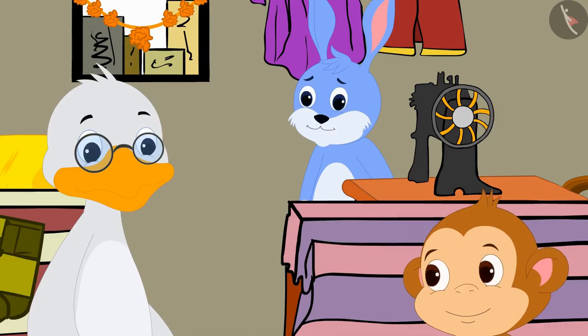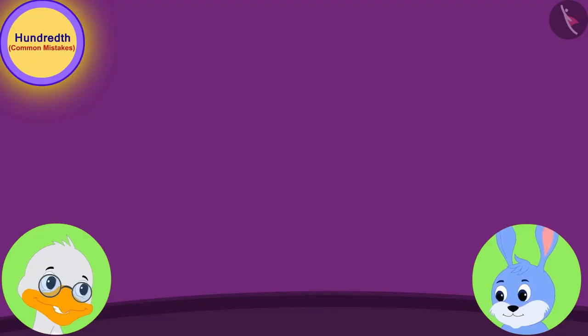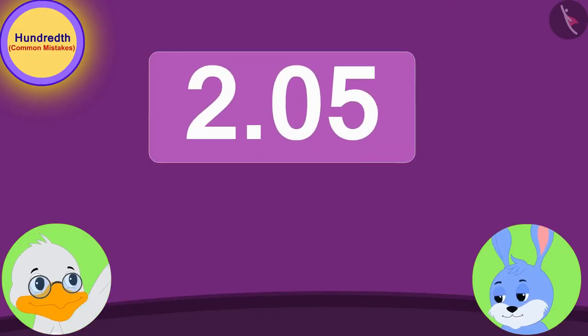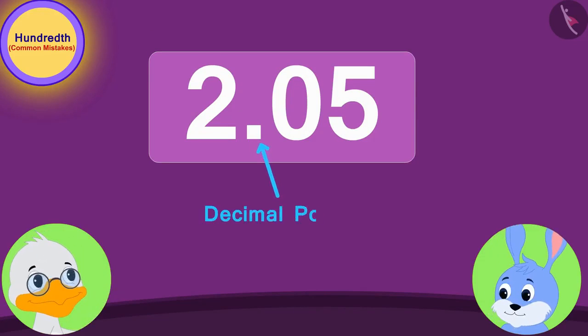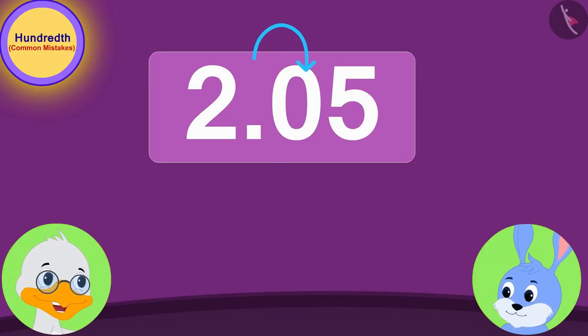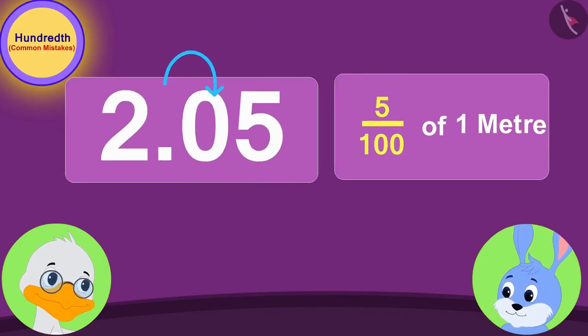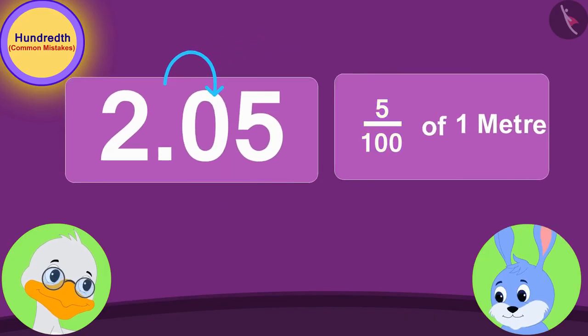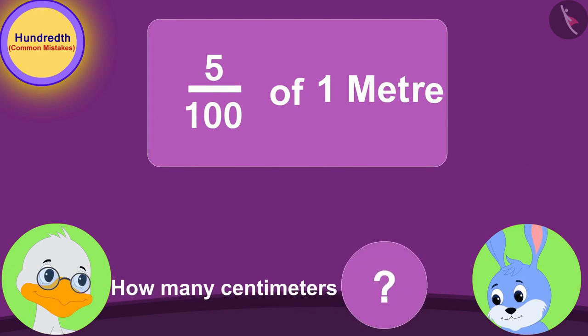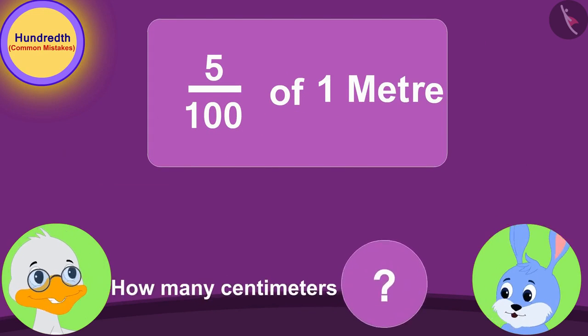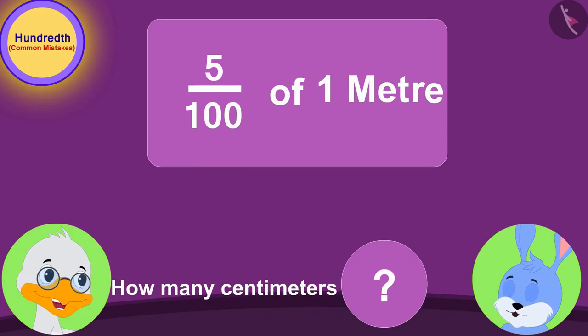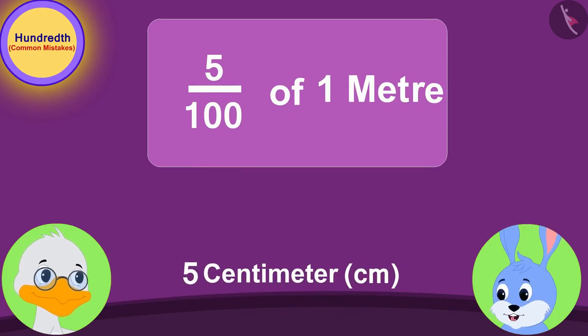Bunny said to uncle. Look, Bunny dear, in 2.05 meters, decimal point is followed by 0.05 or 100th part of a meter. And how many centimeters of a meter is equal to 5 hundredths? 5 centimeters. Bunny quickly replied.